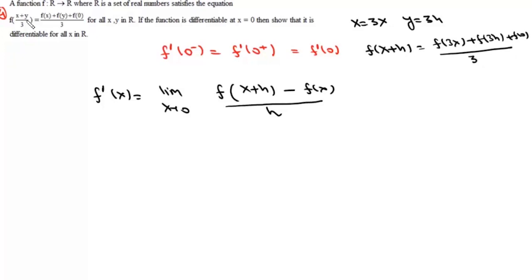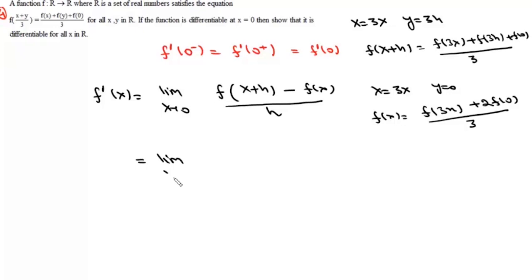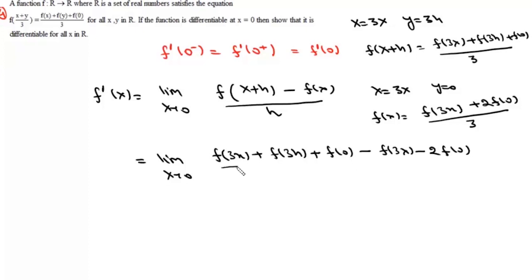And the same way we put x as 3x and y as 0, we can write f(x) as (f(3x) plus 2f(0)) upon 3. So now we can write this f dash x as this limit h tends to 0, (f(3x) plus f(3h) plus f(0) minus f(3x) minus 2f(0)) whole divided by 3h.